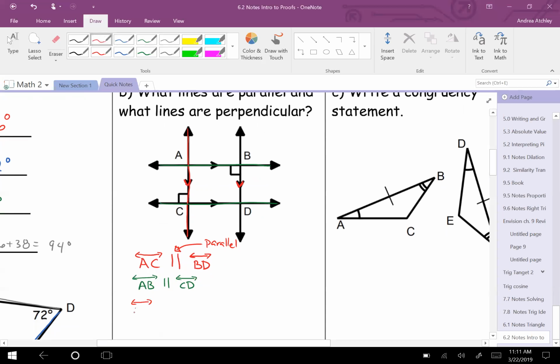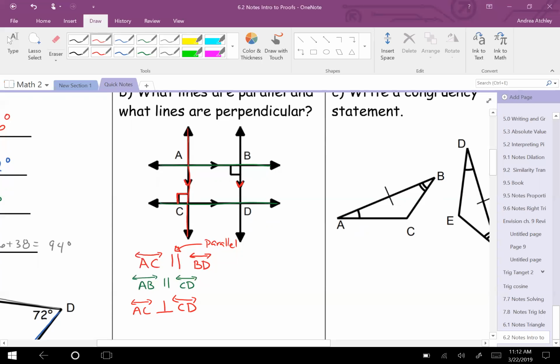And line AC is perpendicular to CD. I know it's perpendicular because it shows a right angle. And the definition of perpendicular lines is two lines that intersect to give four right angles. Okay, so all I have to do is show that right angle mark, and I know that those lines are perpendicular. Does that make sense?